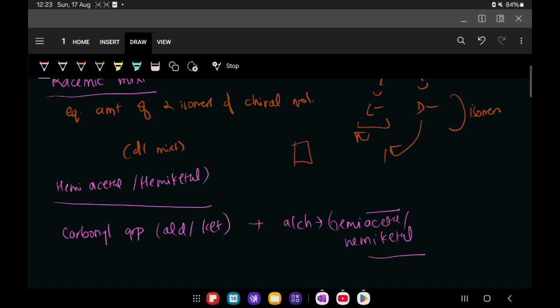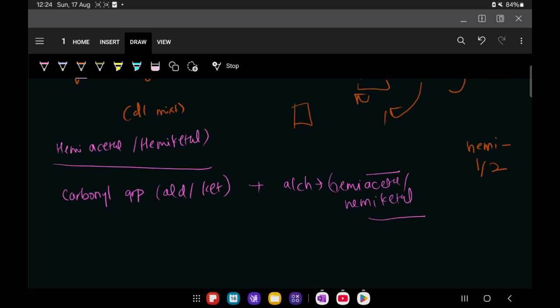What does hemi mean? Hemi is used in hemisphere, right? Hemi means half. So when you say hemiacetal, you mean that the aldehyde is reacting with one equivalent of alcohol.